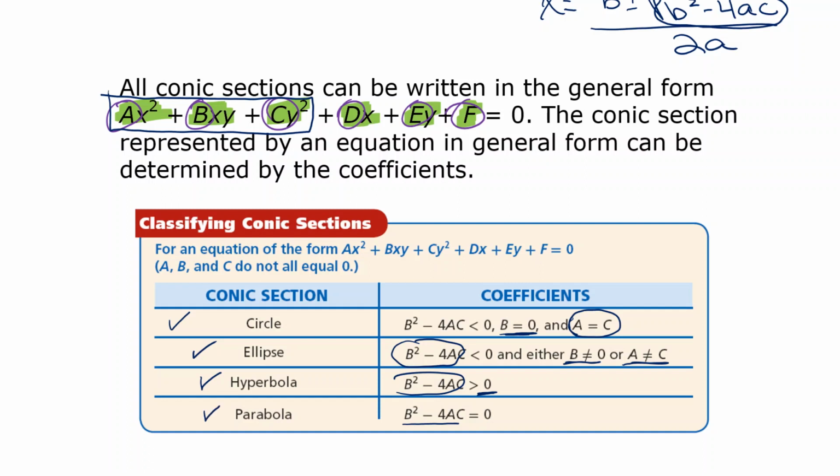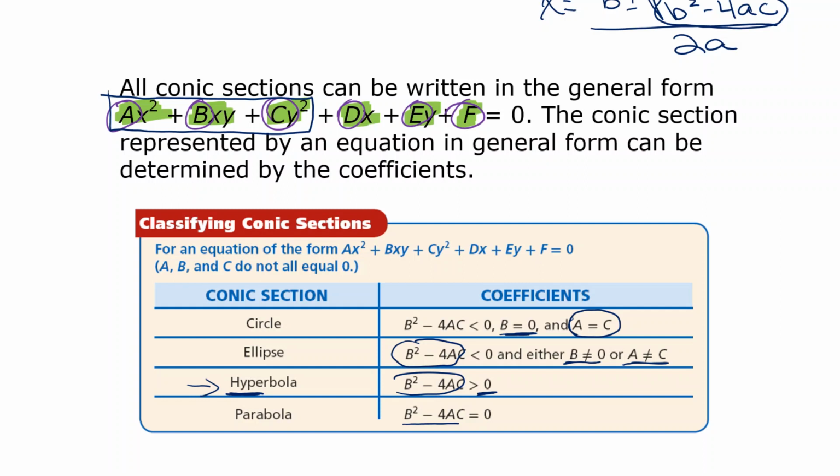All right, so to remember these little things, I think this hyperbola one is pretty easy. If it's bigger than 0, I think of being hyper as being bigger than active, more active. So if it's greater than 0, it's going to be a hyperbola. If it's equal to 0, it's going to be a parabola.